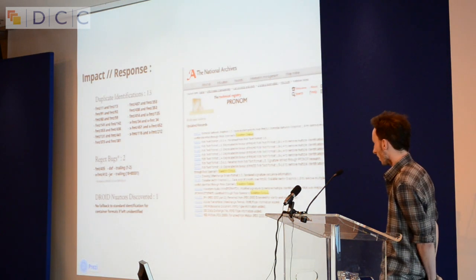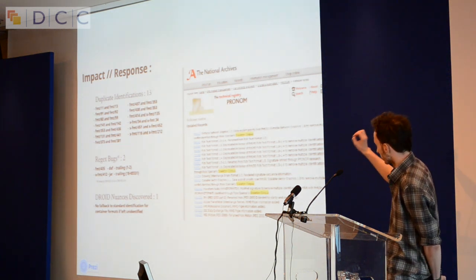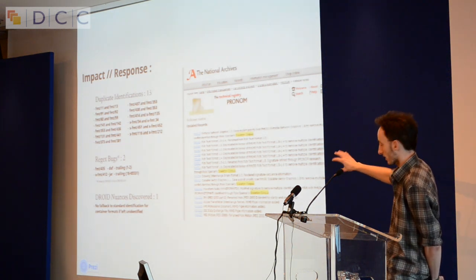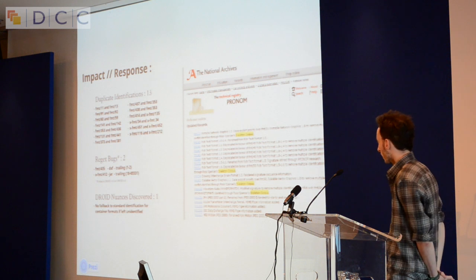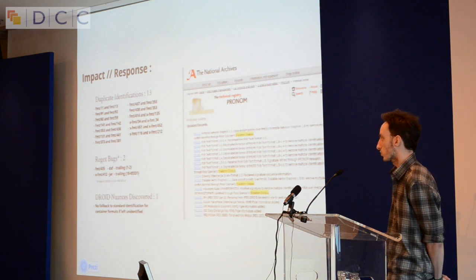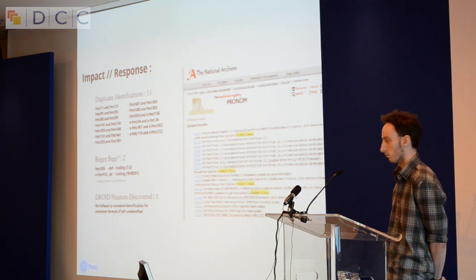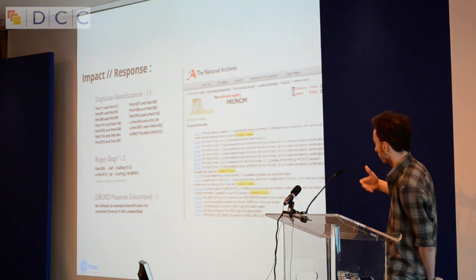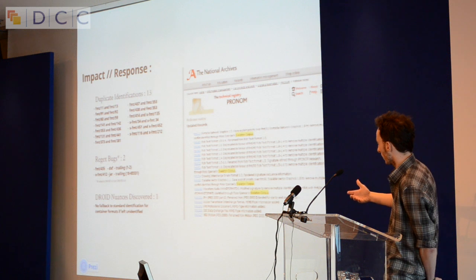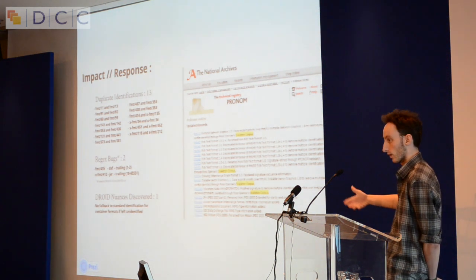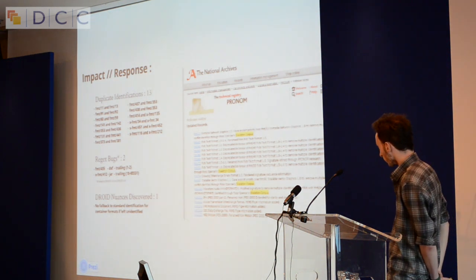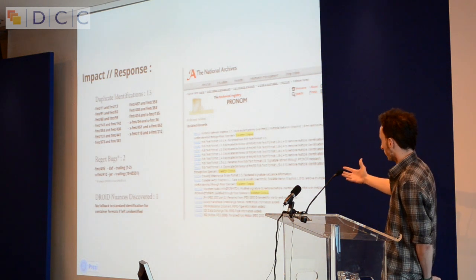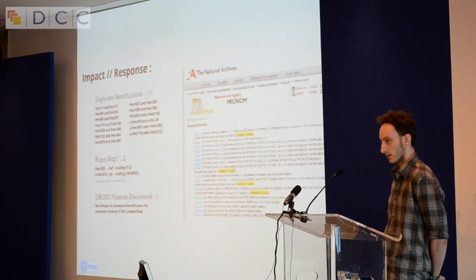And in DROID 6, putting that bit of syntax there no longer works. Now, in PRONOM, there are two different ways of saying the same thing, and so what the National Archives have done is fix it with a workaround, doing it the other way.